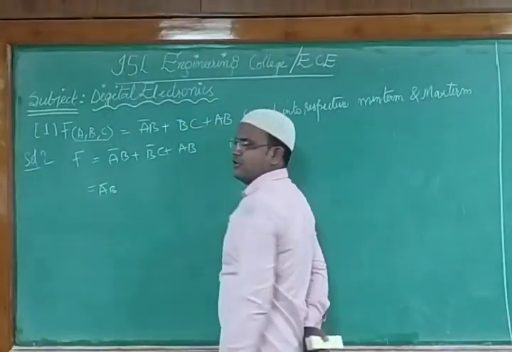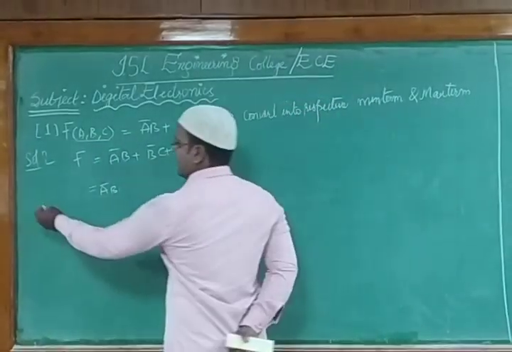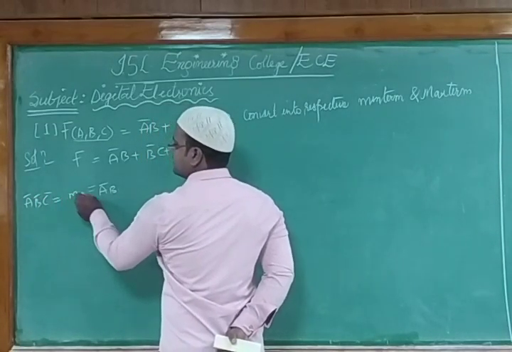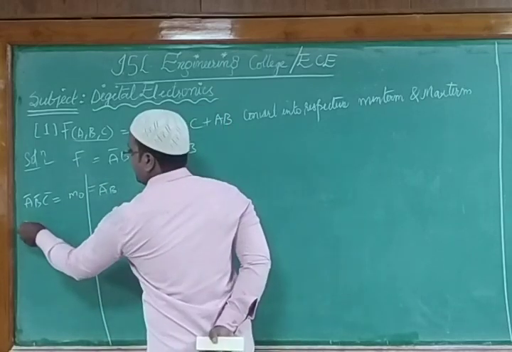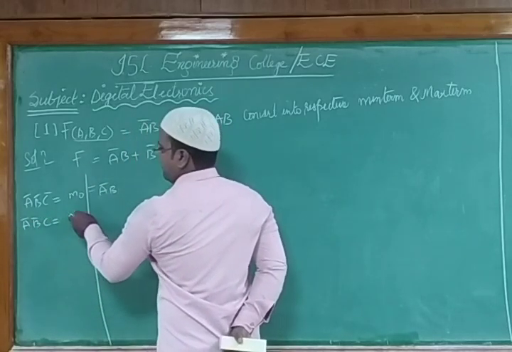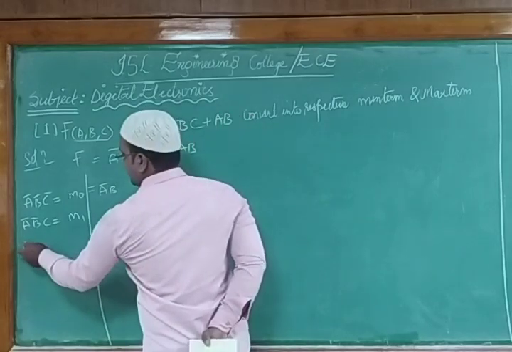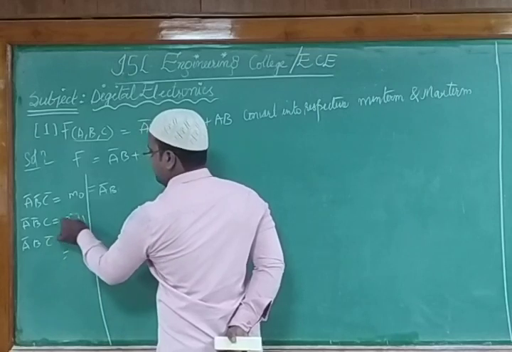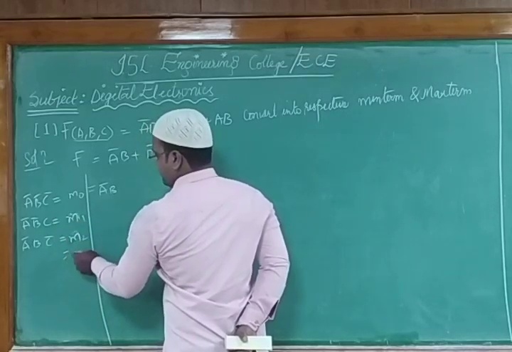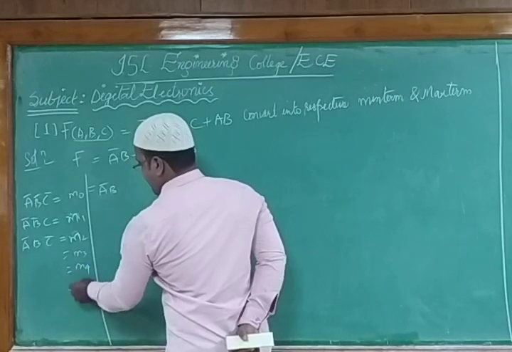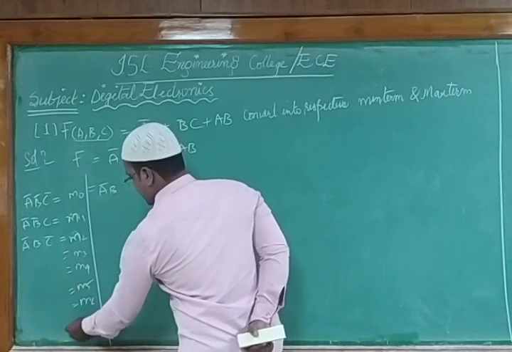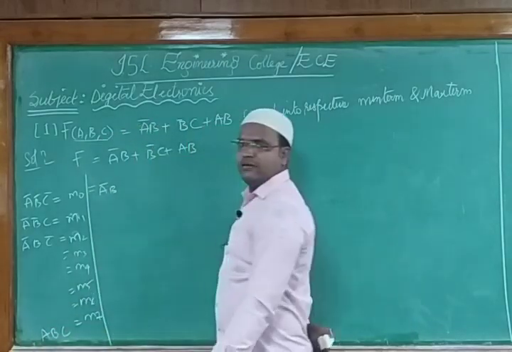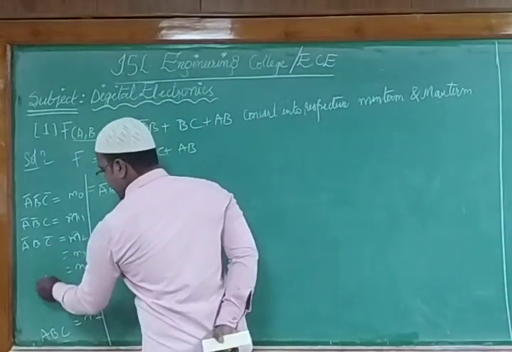It should have 3 values, because a complement b complement c complement would be min term m0, a complement b complement c would be m1, a complement b c complement would be m2, then m3, m4, m5, m6, m7. What would be m7? A, B, C, because 1, 1, 1. Likewise, we'll write all those values.